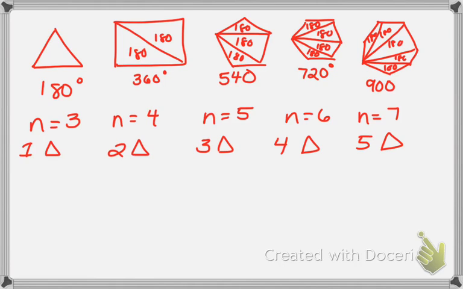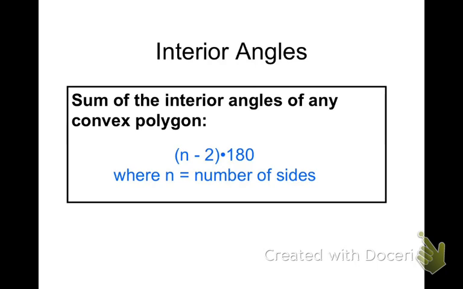To get our number of triangles, we're taking our number of sides and subtracting 2. So our formula to find the sum of the interior angles is n minus 2 times 180, where n equals the number of sides.